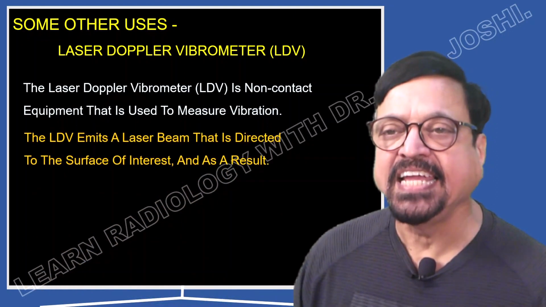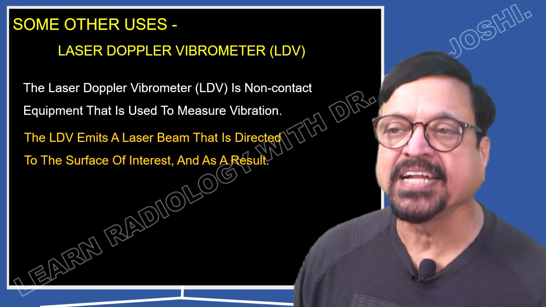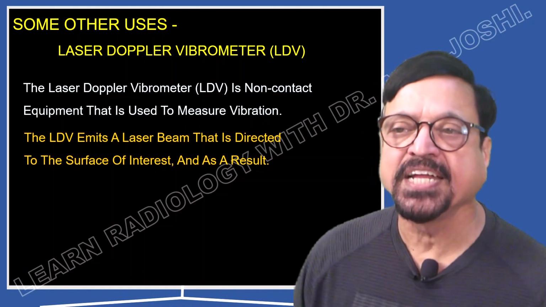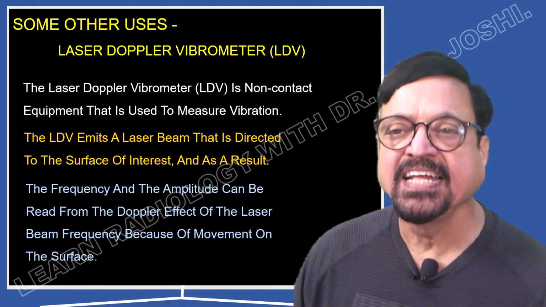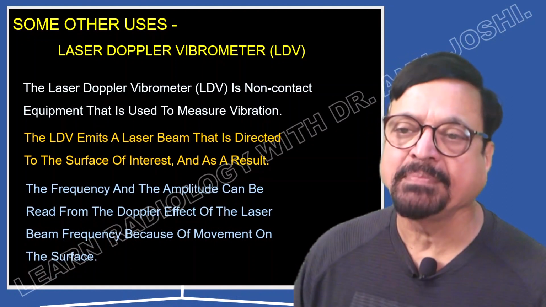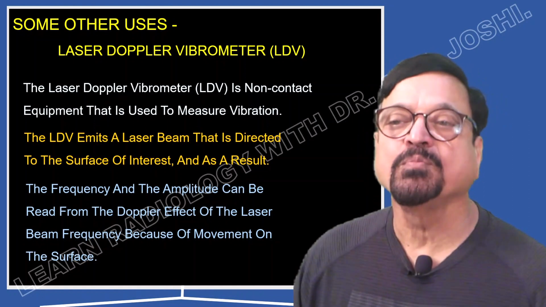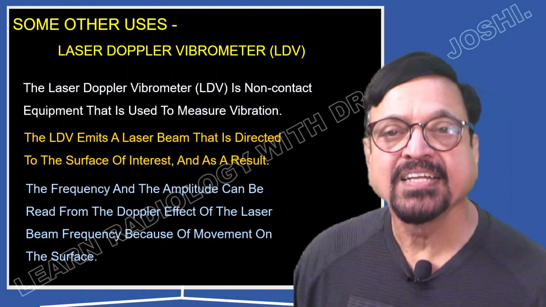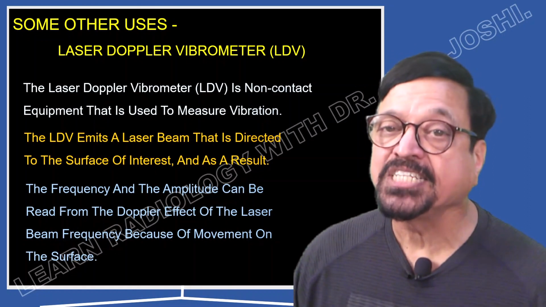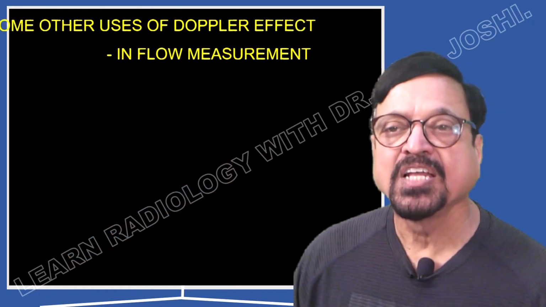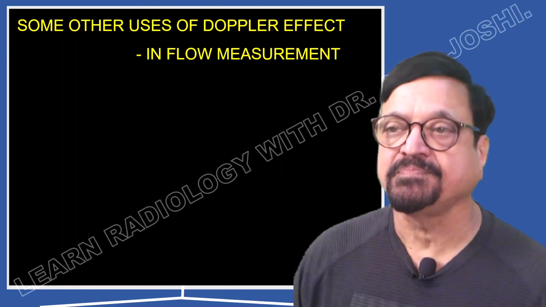The LDV emits a laser beam directed to the surface of interest, and as a result the frequency and the amplitude can be read from the Doppler effect on the laser beam frequency because of the movement of the surface. Here the machine is stationary and the waves produced are stationary.